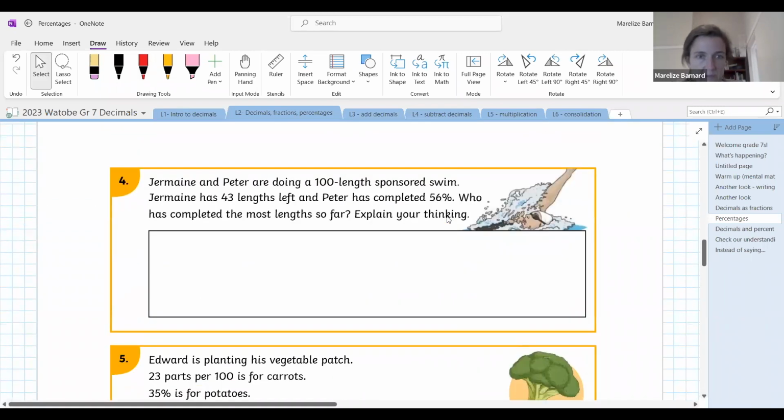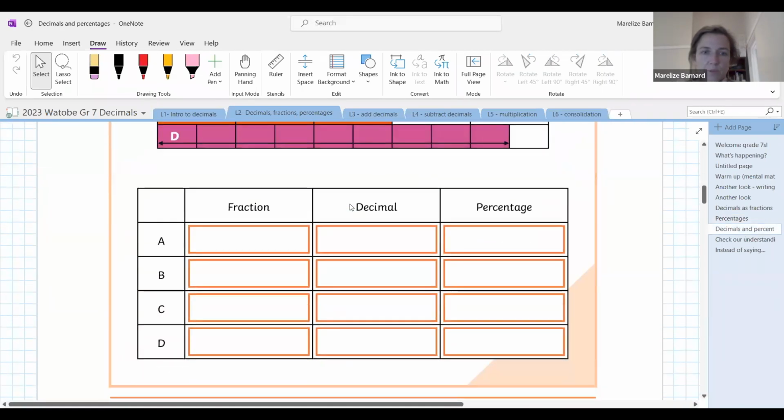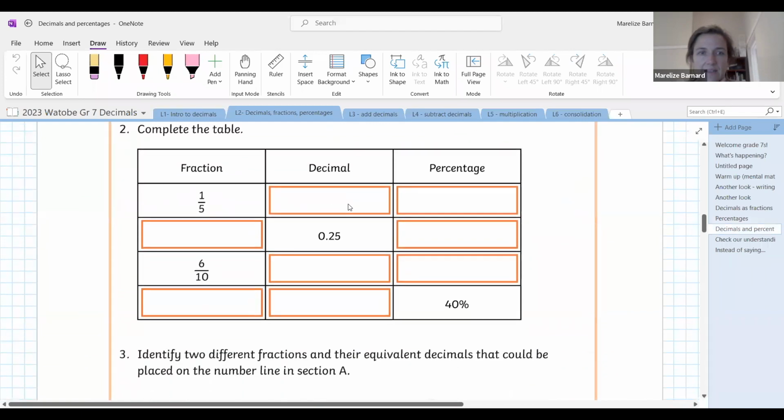Do we have time for one more? I think we're going to go on to where we have to convert between decimals and percentages. Okay, so how do we do that?